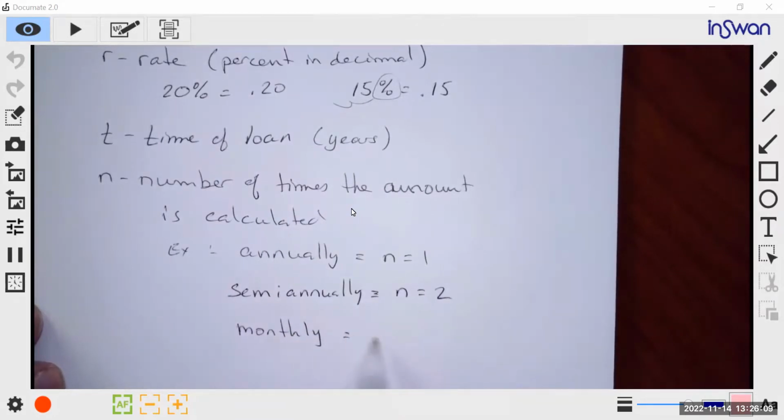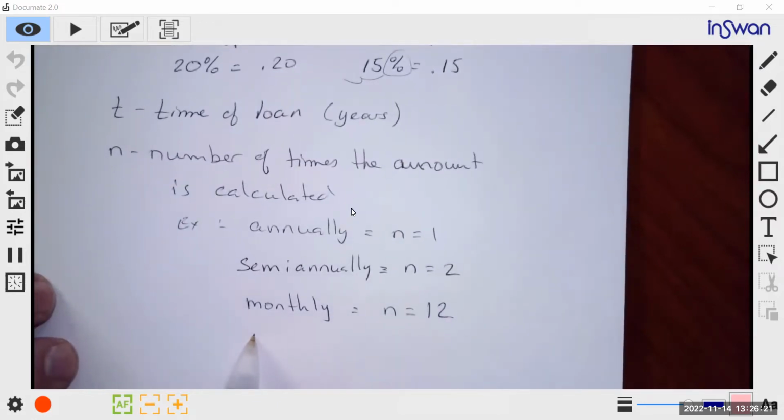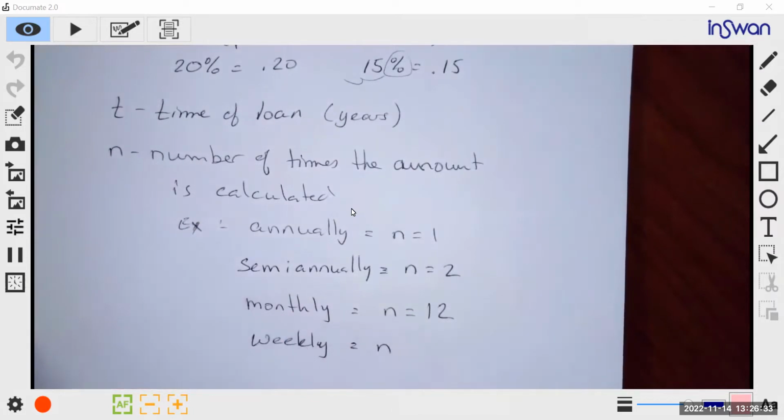If I do it monthly, what is N? How many months are there in a year? Right, 12. If I do it weekly, for example, then N is 52.